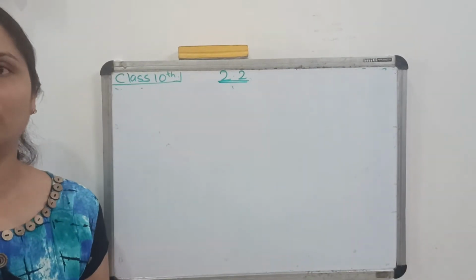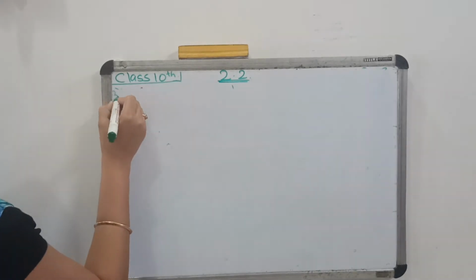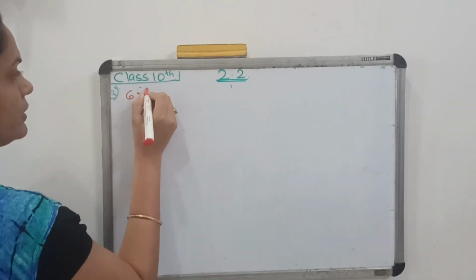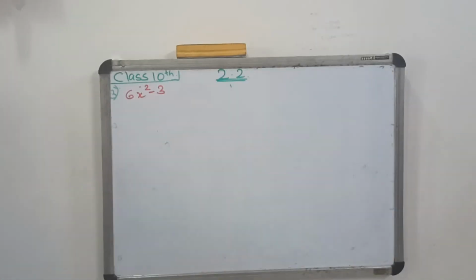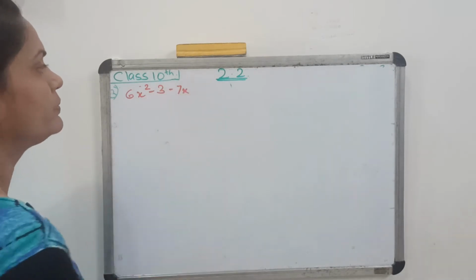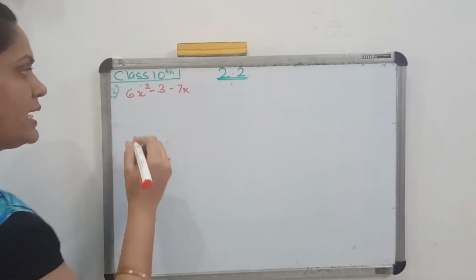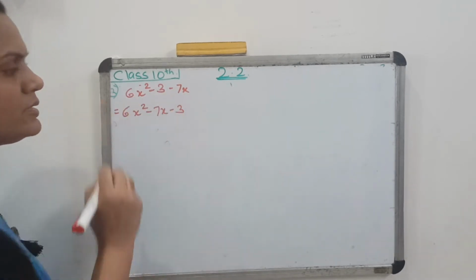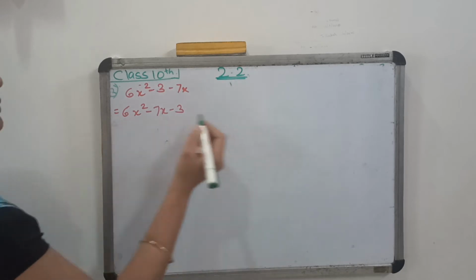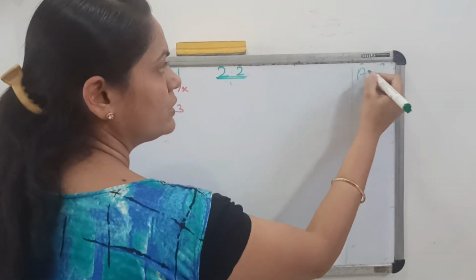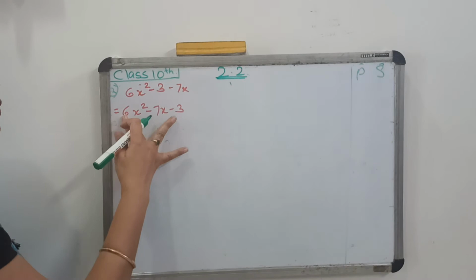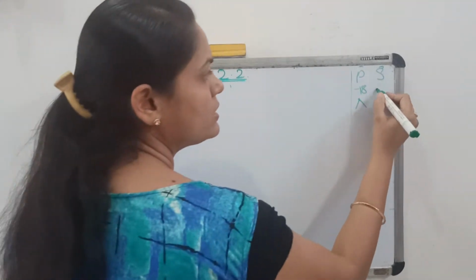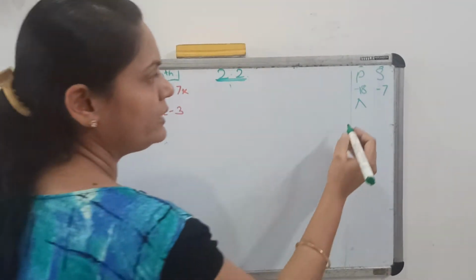We have to take now the third problem: 6x square minus 3 minus 7x. We'll write it in standard form: first 6x square minus 7x minus 3. So now, what is the product? 6 into minus 3 is minus 18, and the sum is minus 7. 9 2s are 18.